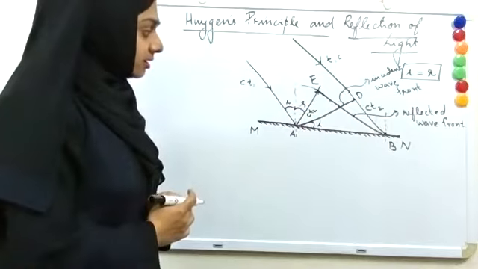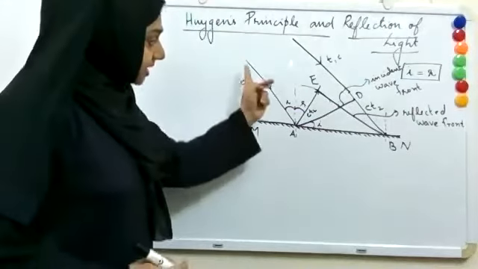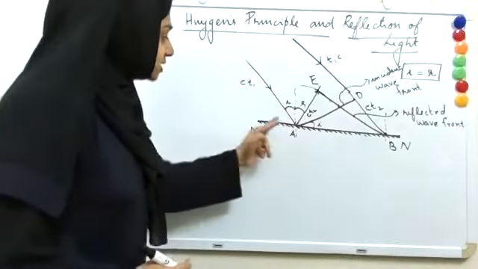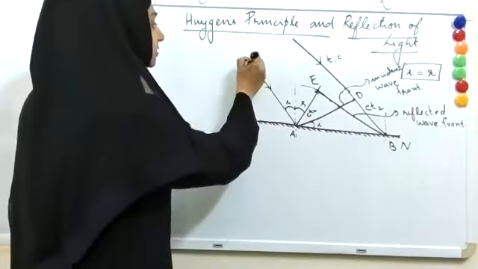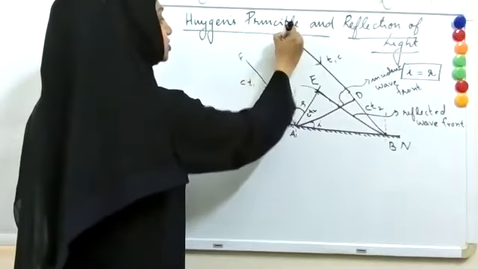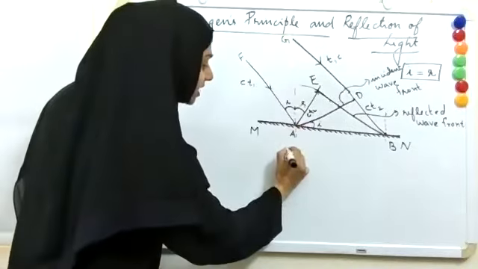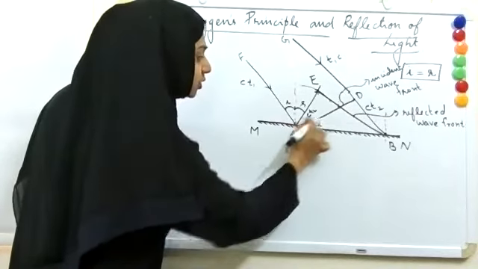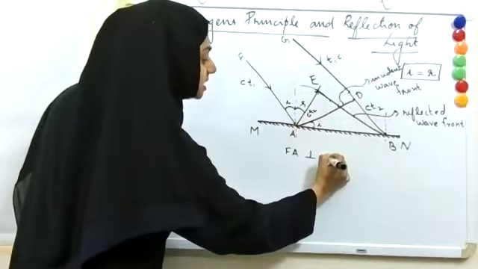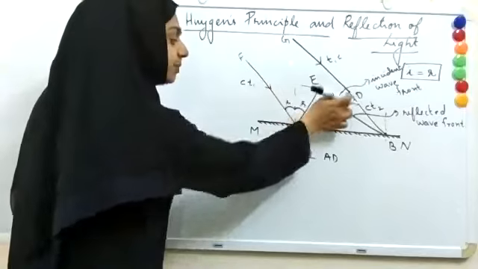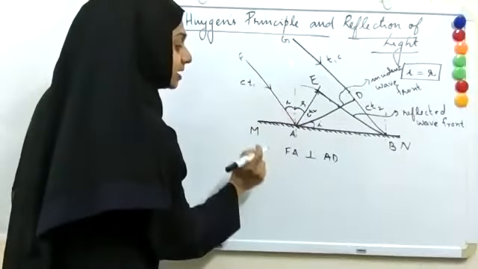Similarly, teacher, can you say again? See, the incident ray is perpendicular to the wavefront. Let me consider this as A, B, C, D, E, F, G. FA is the incident ray. It is perpendicular to the wavefront, that is AD. So these two are perpendicular to each other.